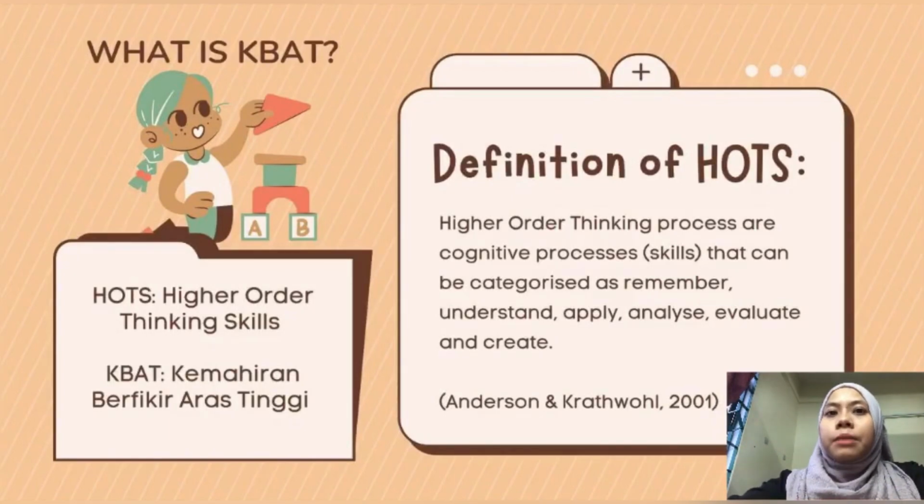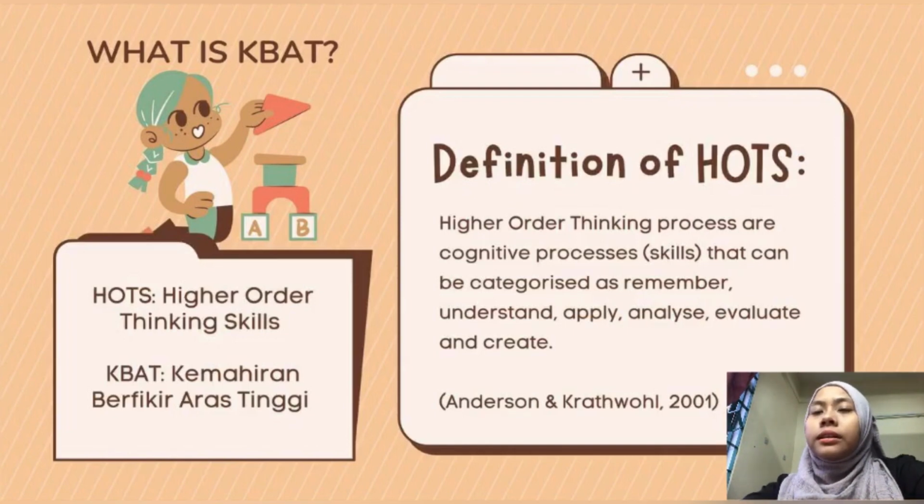Kbat is kemahiran berfikir aras tinggi, or we call it HOTS, higher order thinking skills. And what is HOTS? In Bloom's taxonomy, 1956, revised by Anderson and Krathwohl in 2000, HOTS stands for higher order thinking skills, which are analyzing, evaluating, and also creating.